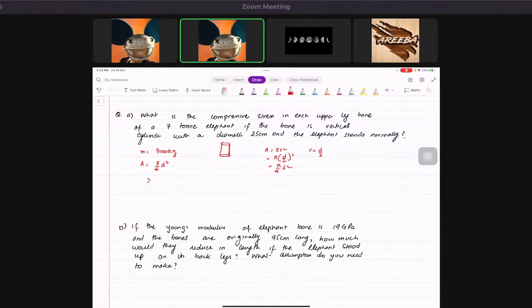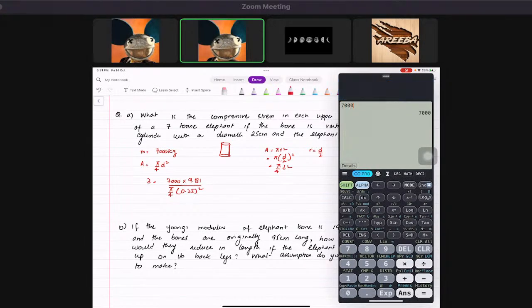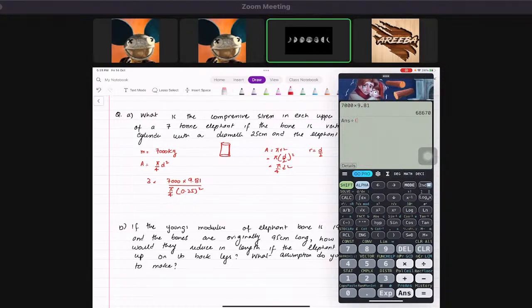So stress would be 7,000 times 9.81 divided by pi by 4 times 0.25 square. That's how you convert into meters square. Oh, my bad. I multiplied 9.8 with 7 instead, so obviously that is going to be wrong. So it's 7,000 times 9.81 divided by pi by 4 times 0.25 square.